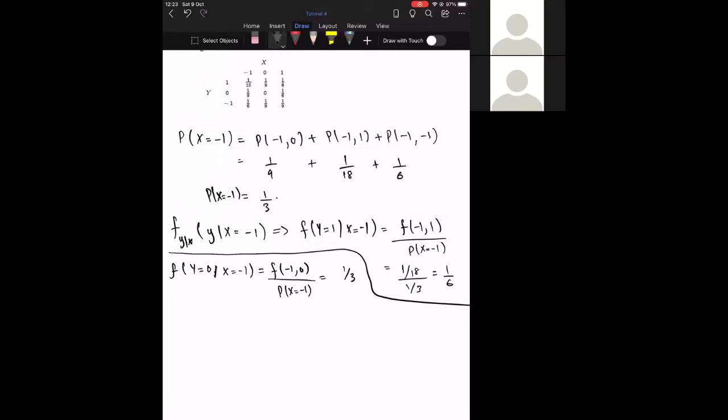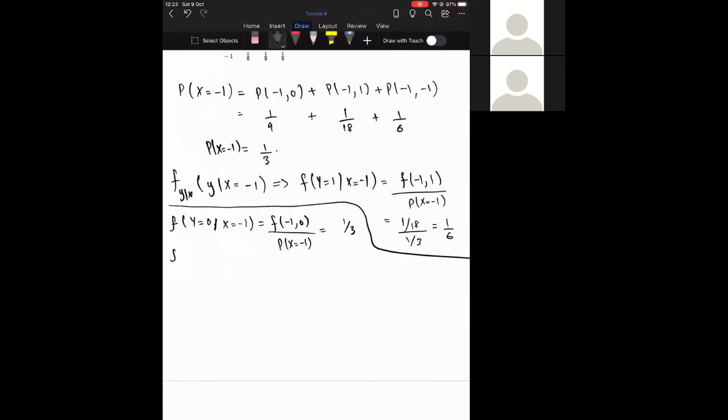And for the final value, which is y equals -1 given x equals -1, this is equal to the intersection of -1 and -1.